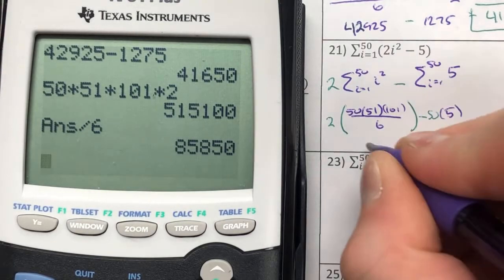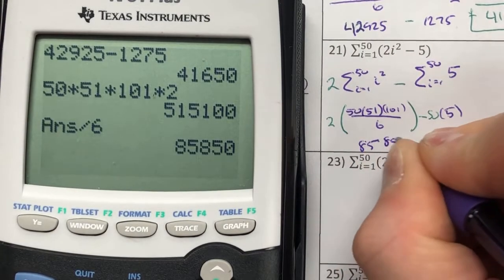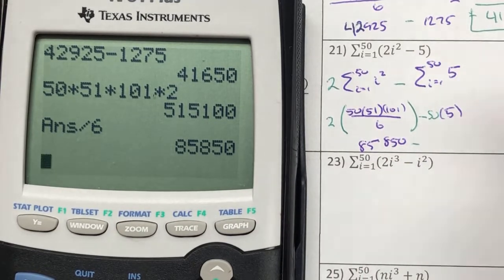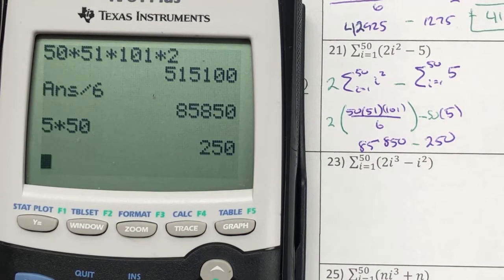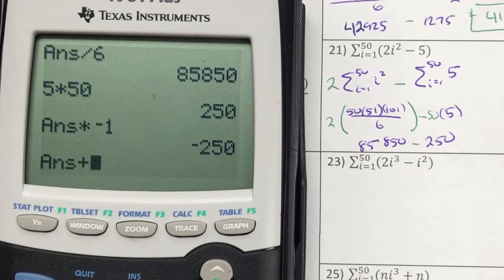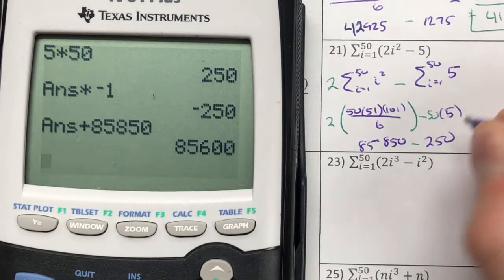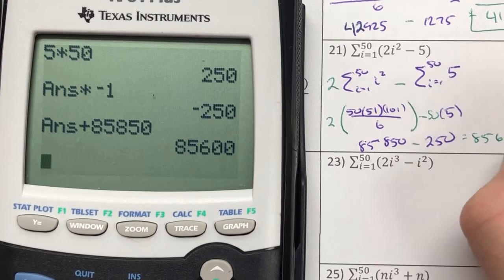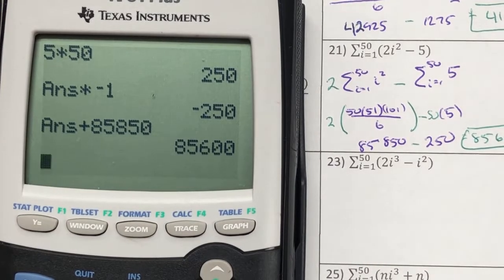We get 85,850 minus 250. Yep. So let's make that a negative. Let's add our 85,850. And we get a sum of 85,600. Awesome.